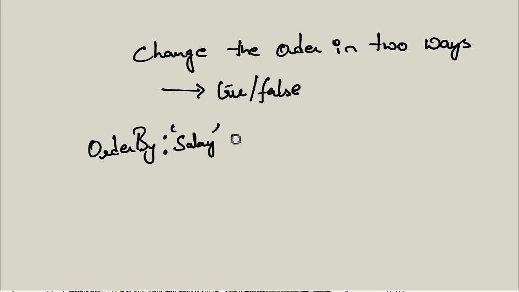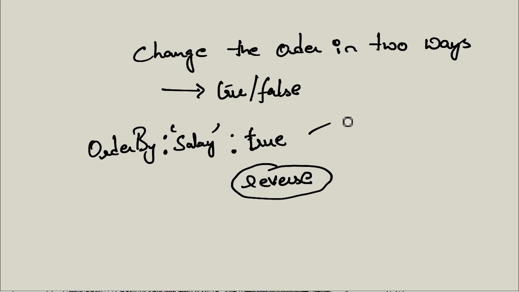Then we will supply one more input parameter, true. This parameter states that it should be in reverse order. When we say reverse is true, the order will be descending. By default this reverse will be false, so the order will be ascending. So this is the one way.